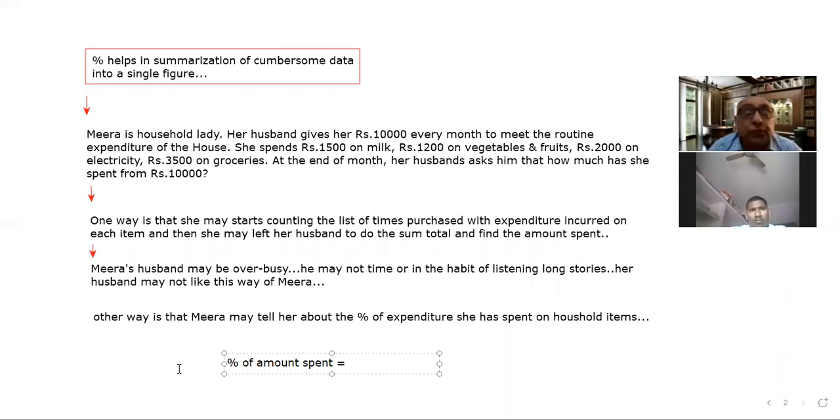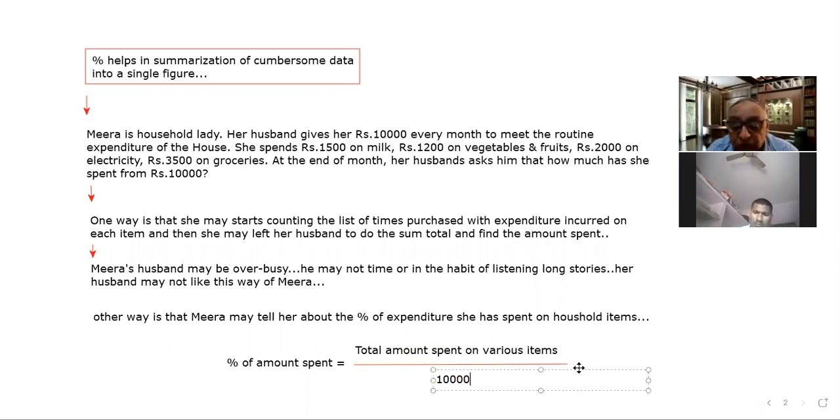That is equal to the total amount spent on various items divided by the total money she was given, that was rupees 10,000, and because we have to present it in percentage, we need to multiply it by 100, same way as we did earlier.